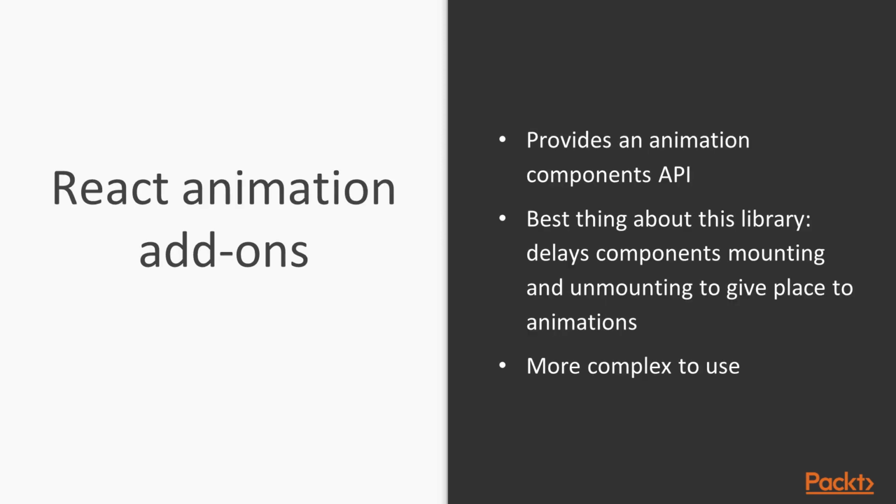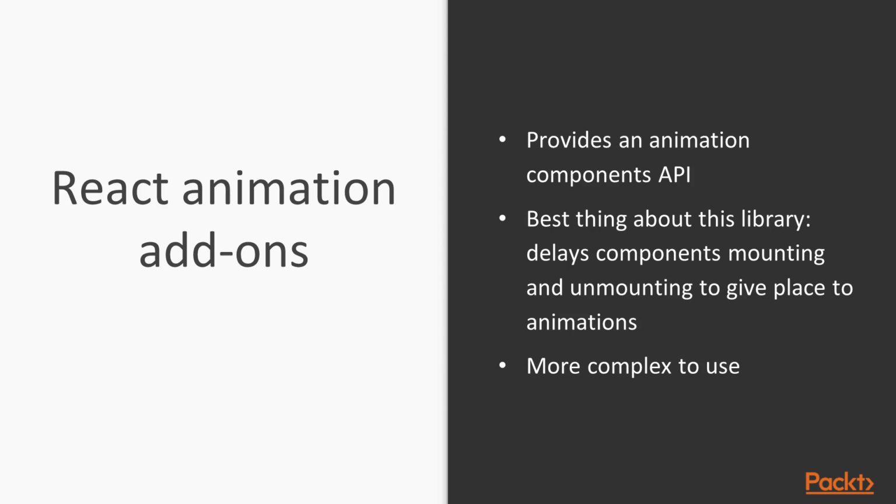Then we have what is called React animation add-ons. React animation add-ons, if you remember, is more of a JavaScript library rather than a CSS library. But as we're going to see in next videos, we still need to define some CSS classes to make it work. React animation add-ons provides an animation components API. Basically, we define animation inside the render method of our component or in the JSX of our functional component.